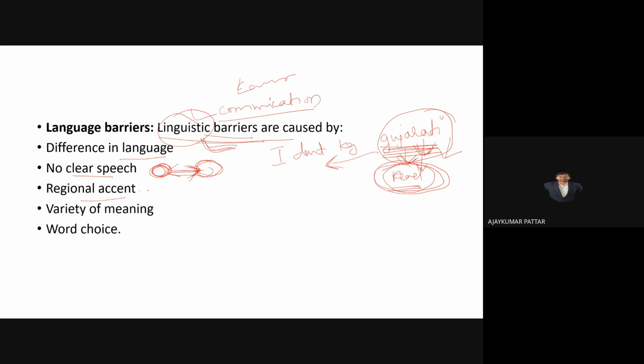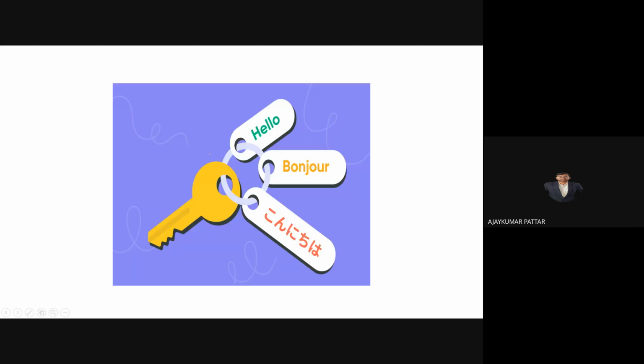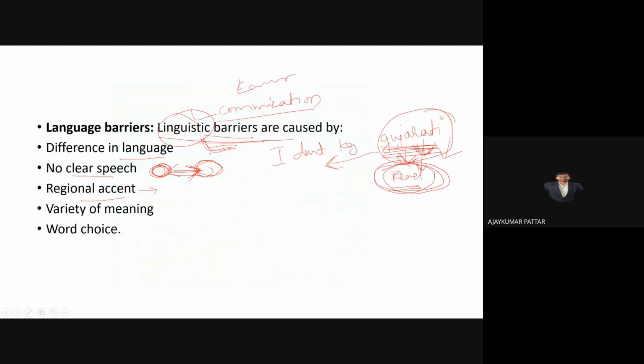Regional accent, for example, even in Karnataka, the speaking of Kannada is different in different parts. If you go to the Hubli side, a different accent is there. In Bangalore side, a different accent. In Gulbarga, Bidar, every region's accent of the language will be different. It happens in all the states.